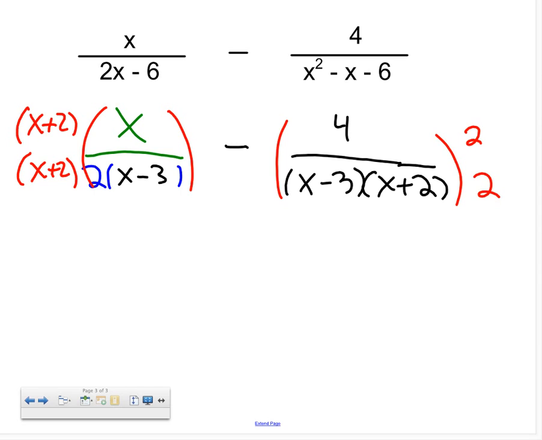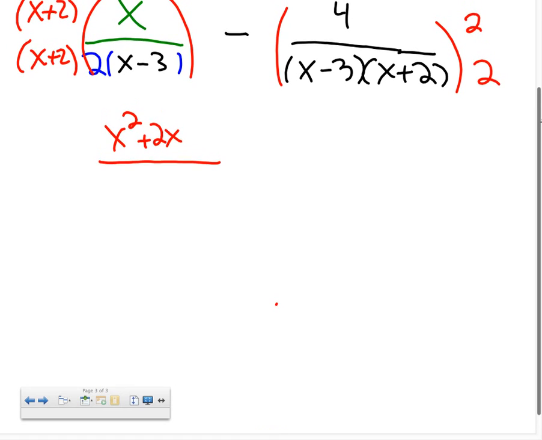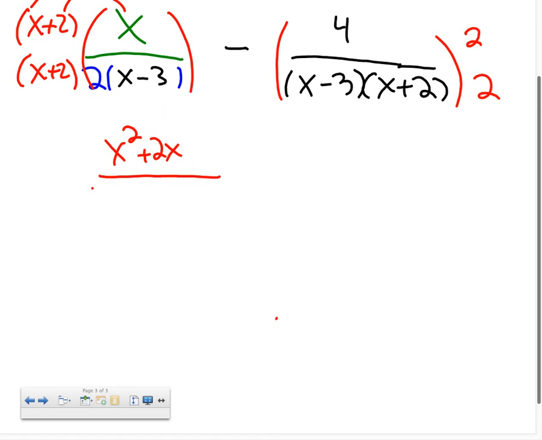So what happens to the top? Well, here, x times x plus 2 gives me x squared plus 2x. The bottom is just 2 times x minus 3 times x plus 2.